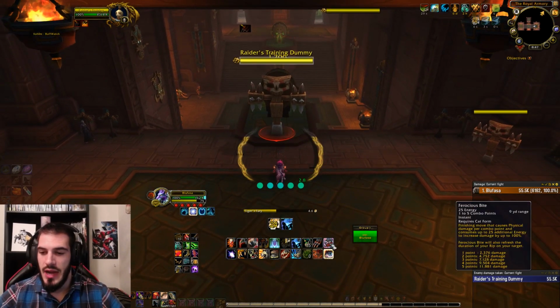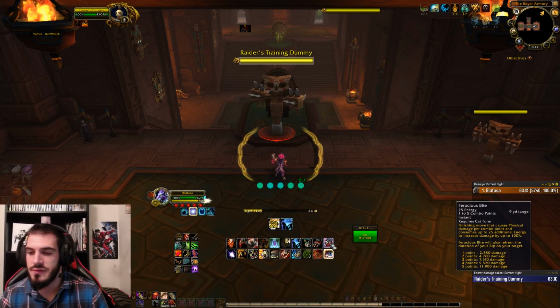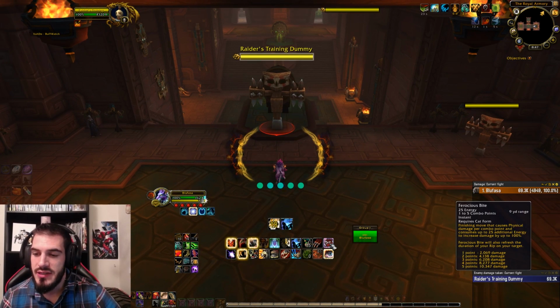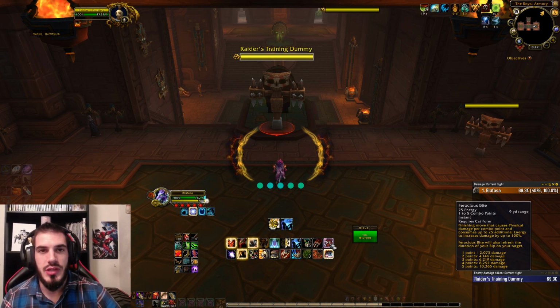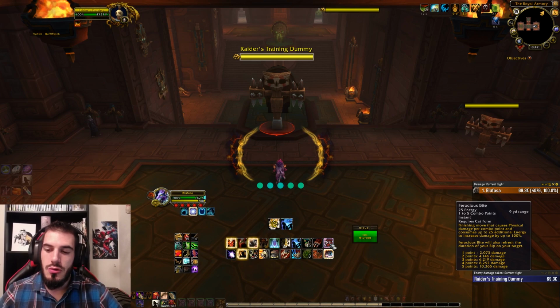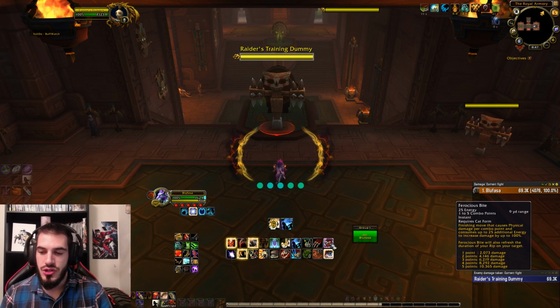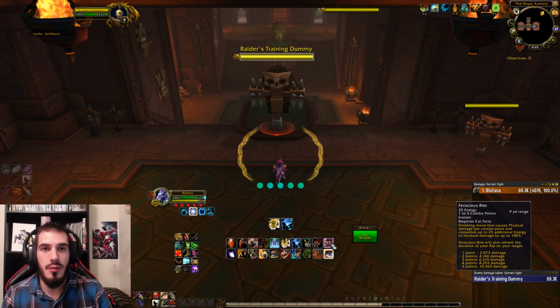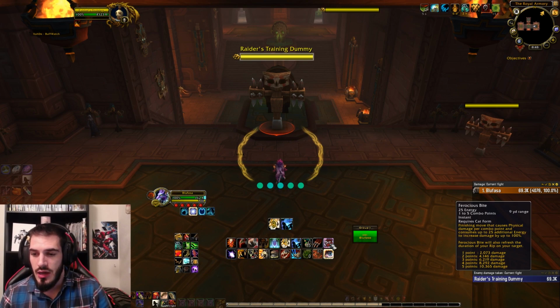So Ferocious Bite, it says finishing move that causes physical damage per combo point and consumes up to 25 additional energy to increase damage up to 100%, right? So you can do the damage, but if you hold it, if you make sure you have that extra 25 energy of what it normally costs, so 5 combo points, that's 25 right there.